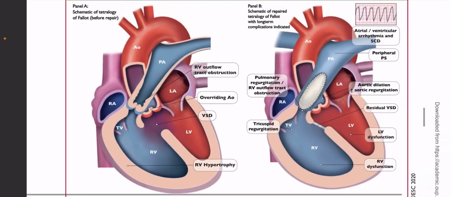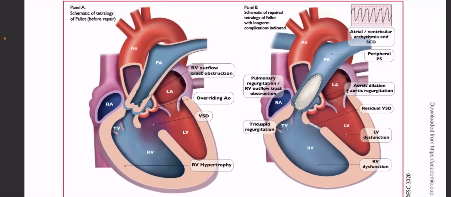Now this figure shows, in panel A, a schematic of tetralogy of Fallot before repair. There is VSD, RV hypertrophy, overriding of aorta, and RV outflow tract obstruction.